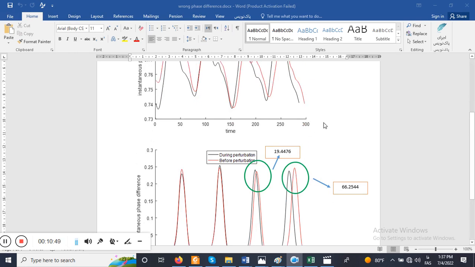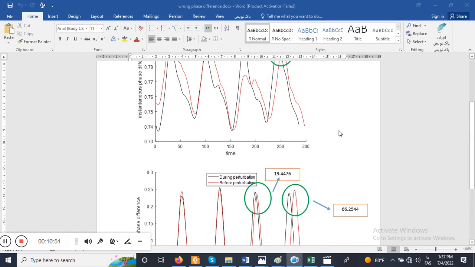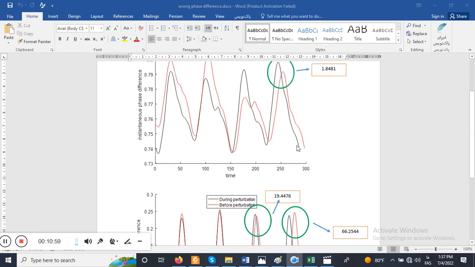What we see in the figure and what the Hilbert transformation calculates are not necessarily the same, because the figure represents only one component, probably the largest phase difference.